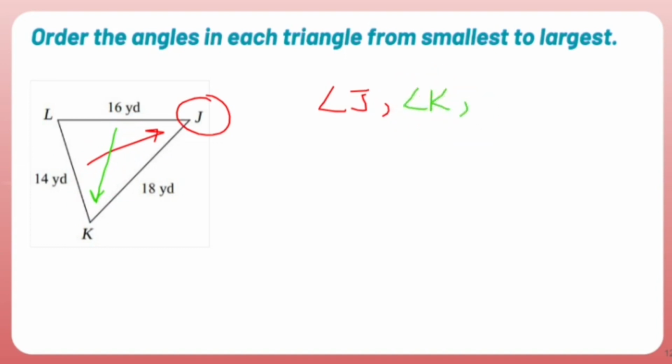And then the largest angle is going to be L, like I mentioned before, because the largest side is 18, so the largest angle is going to be angle L. So angle J, angle K, angle L, because you were the smallest, you were in the middle, and you are the largest side. And that's it.